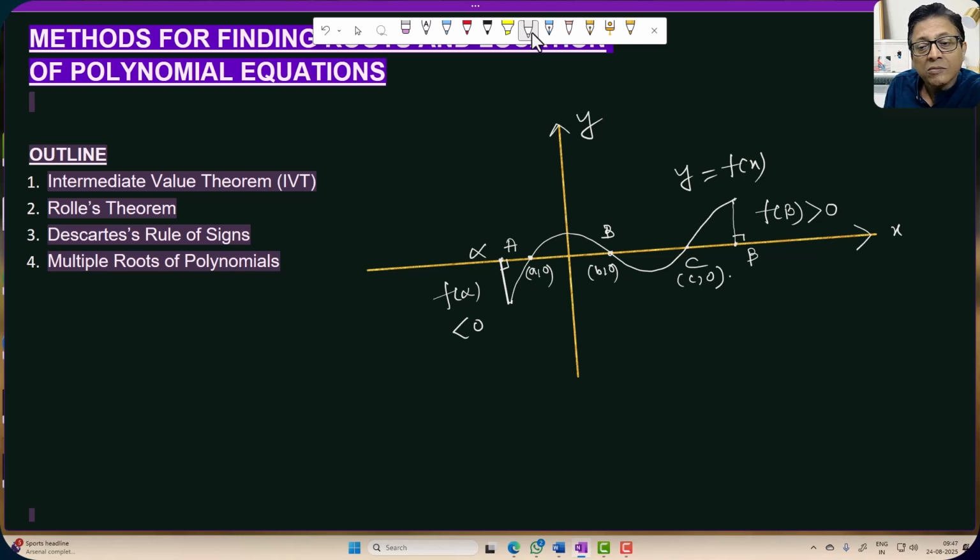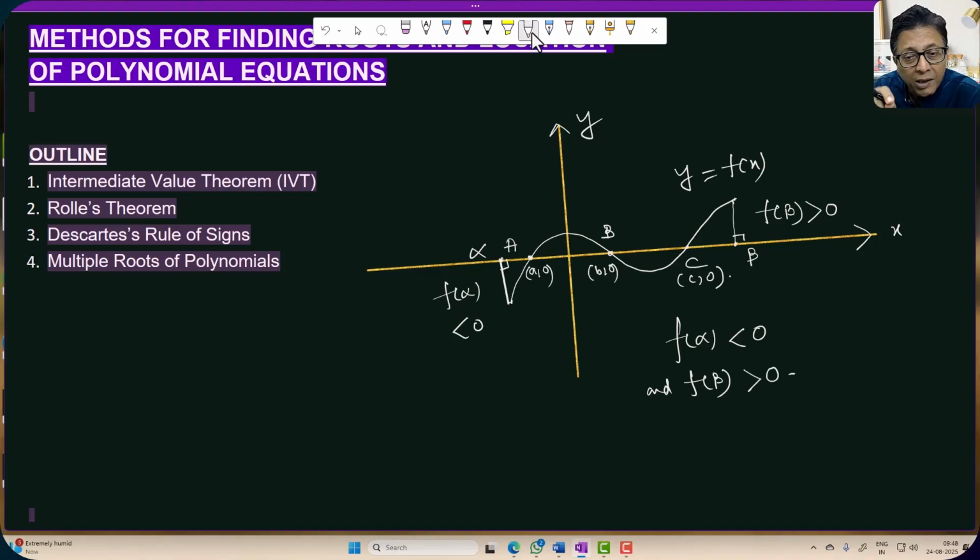Now, f(alpha) and f(beta) are of opposite sign. You can see that f(alpha) is less than 0 and f(beta) is greater than 0. You can take alpha less than beta or beta less than alpha, it doesn't matter.